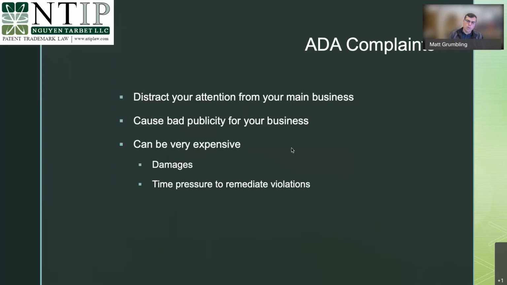And that is way better than getting a 6-month injunction saying you need to adopt all of these remediations within the next 6 months, or we're going to hit you with damages or worse. So, when I say time pressure to remediate violations, I'm telling you that the court can apply a really tight timeline for you to fix things.